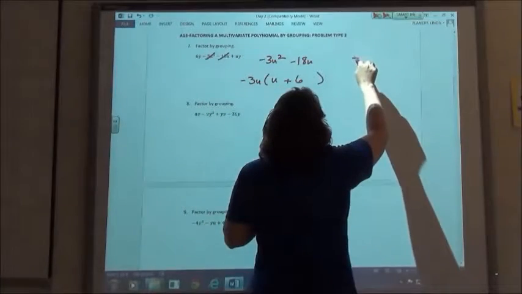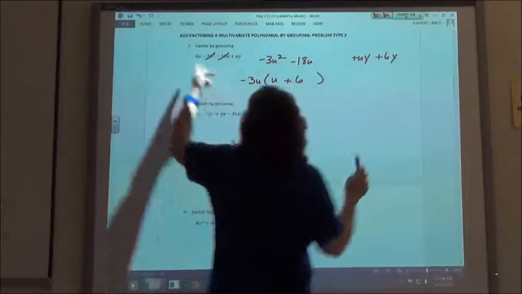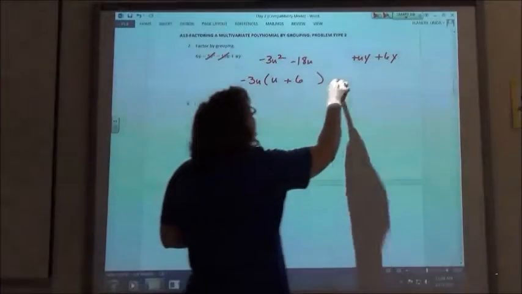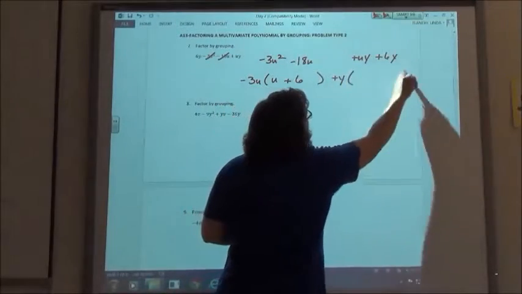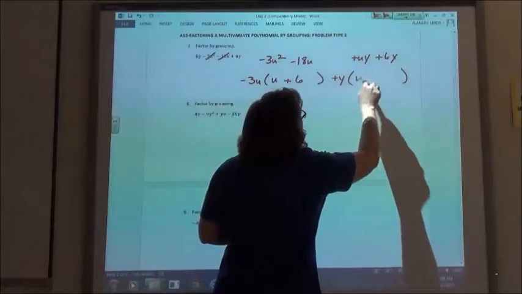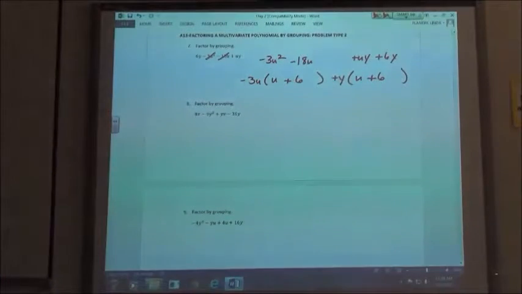So I have a positive uy and a positive 6y. It doesn't have a plus sign there, but I know it's positive. What do those both have in common? They both have a positive y in common that I can take out. If I take the y out of each of those, you'll notice I'm left with u plus 6. So u plus 6 now becomes my common factor.